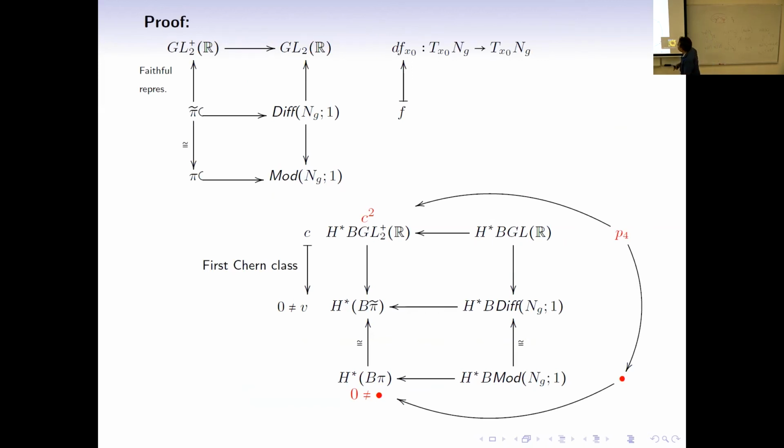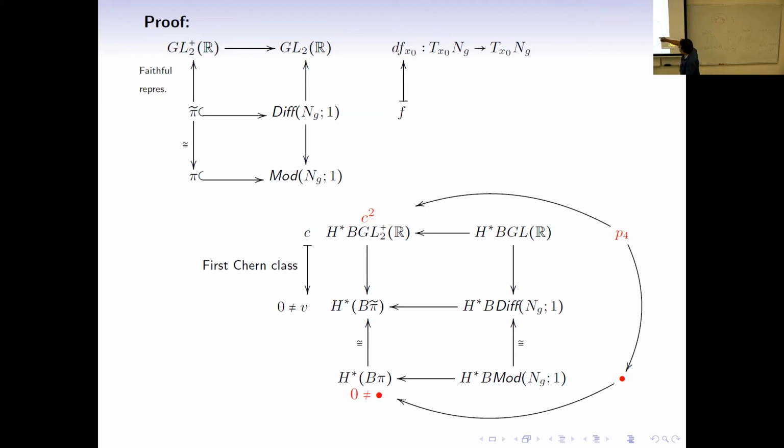We have a subgroup of order P inside the mapping class group of the surface N_g with 1 marked point. So we can lift it to a diffeomorphism by the Nielsen realization, right?